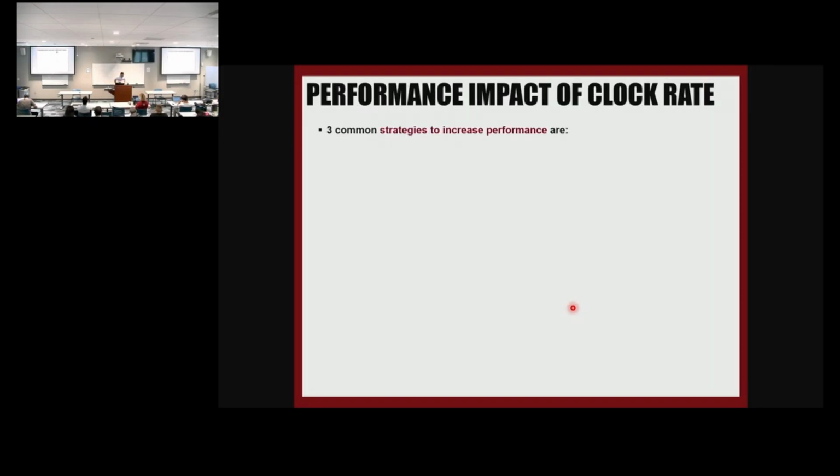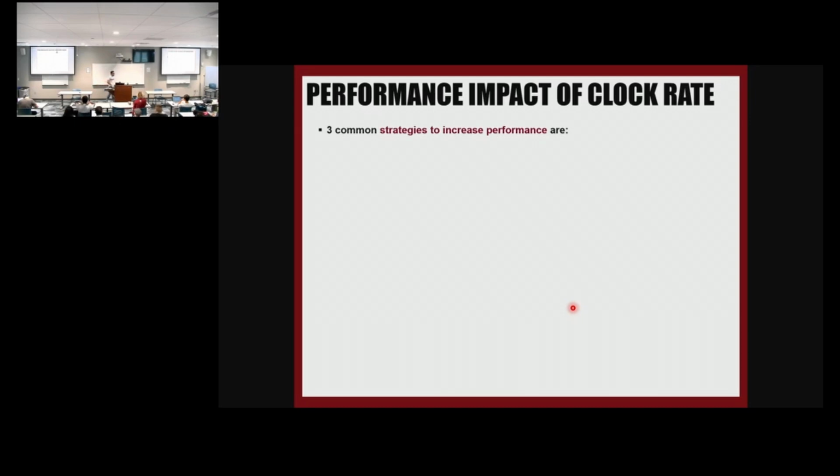Okay, so now with this information about the clock and the fact that the clock is synchronizing everything, we're hoping to finish every task in one clock cycle and so on. So let's talk about some strategies to increase the performance, decrease the execution time.